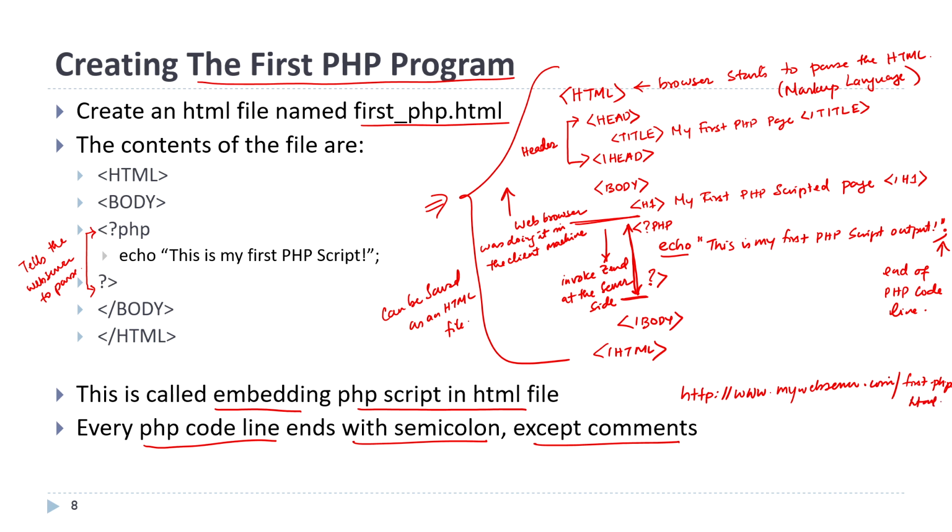Assume that this file is saved in the root directory. The web browser will show the heading and the output, and that will be the end of the program. So, this gives you an idea of how to create the first PHP program.